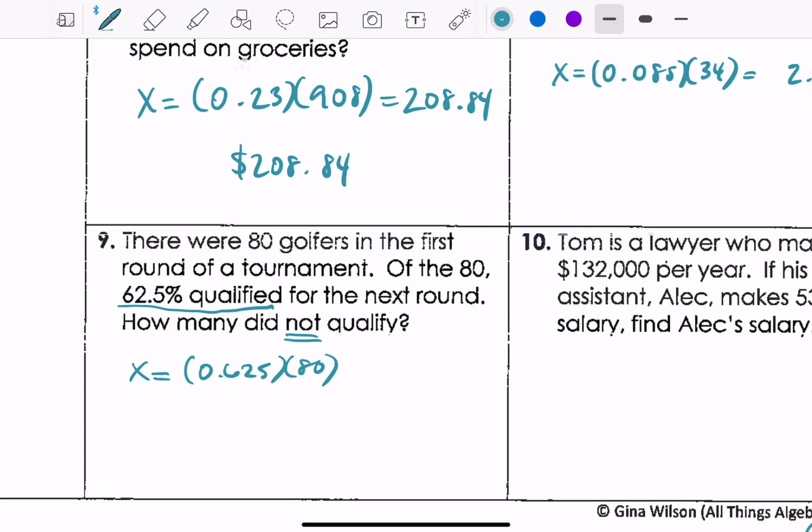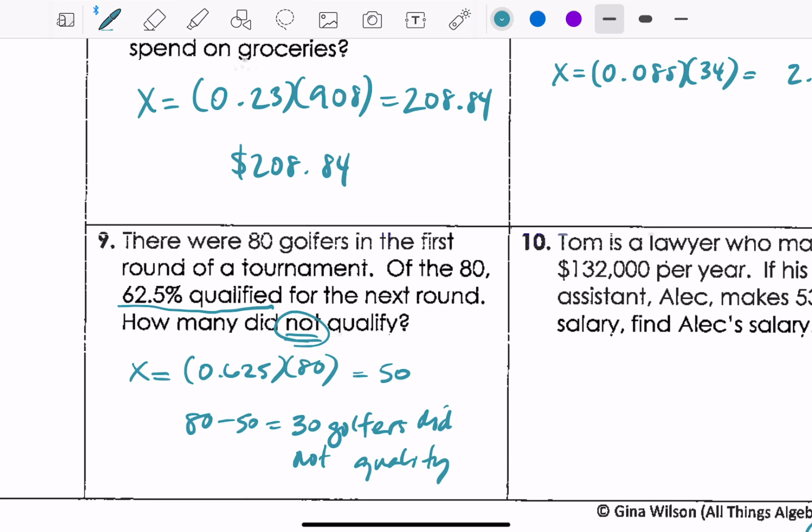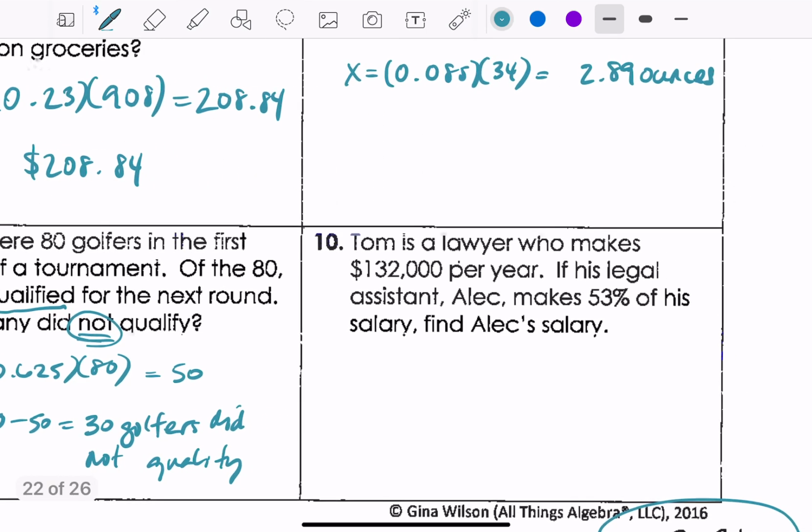How much is 62.5% of 80? When I do that math, I get 50. That means 50 qualified. Well, I'm trying to figure out how many did not qualify. So if I had 80 total golfers, 50 qualified, that means 30 golfers did not qualify. So be careful with some of these questions because you may work to get an answer, but it turns out you had to do one more thing to get what they really wanted to know.